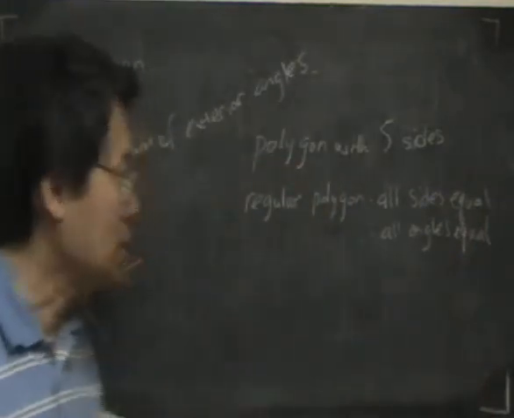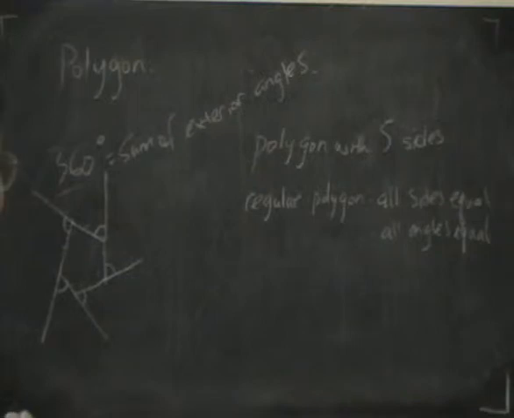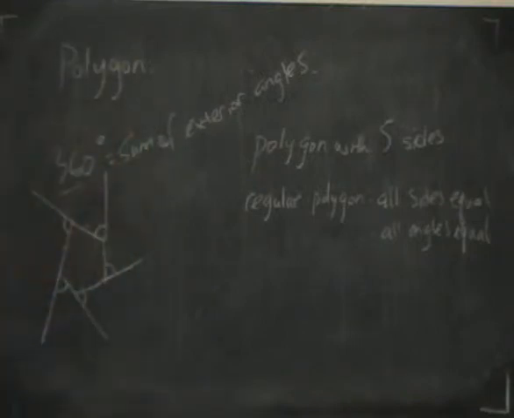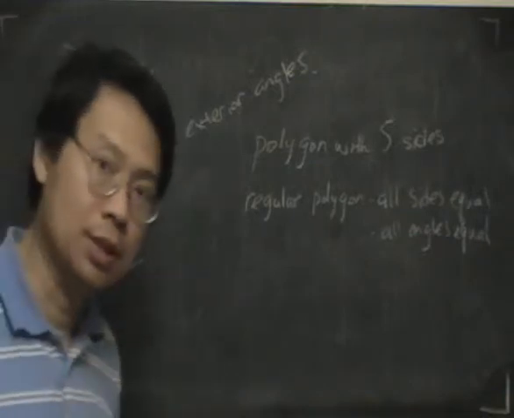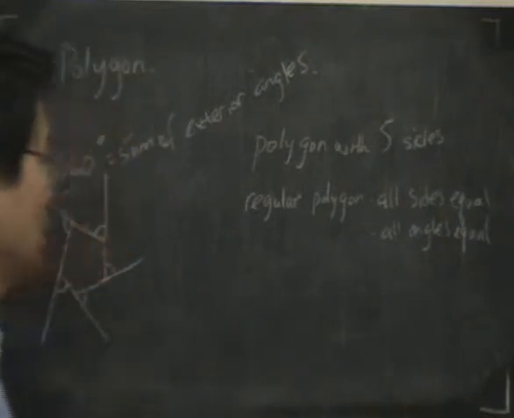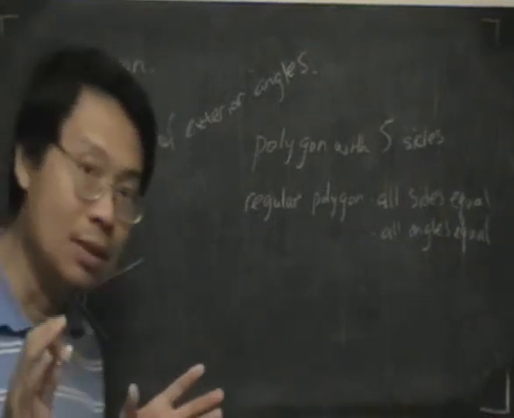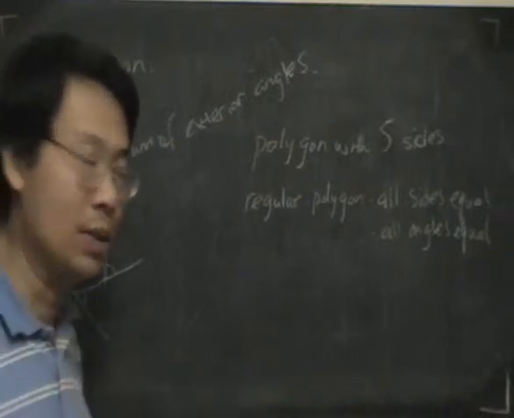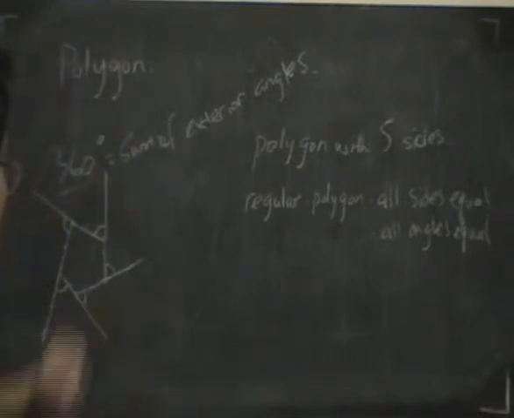I'm going to look at such a polygon that has 5 sides. Now that we know the sum of all the exterior angles is 360 degrees, what is the value for one exterior angle? What is that?